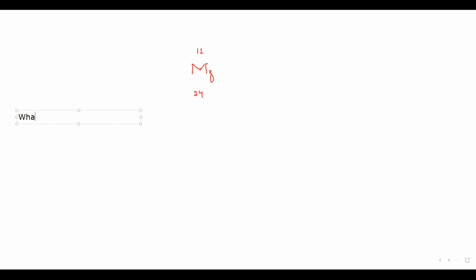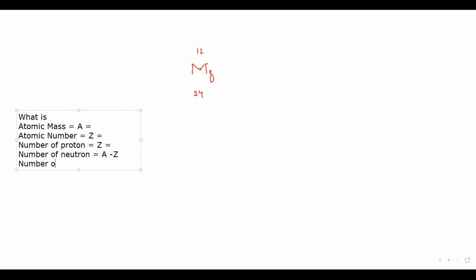So what is atomic mass, which is A, atomic number, which is Z, and number of protons, that is, in short, Z, number of neutrons, that is equal to A minus Z, and number of electrons, that is equal to Z minus the charge.